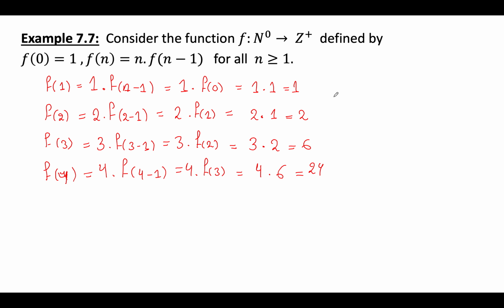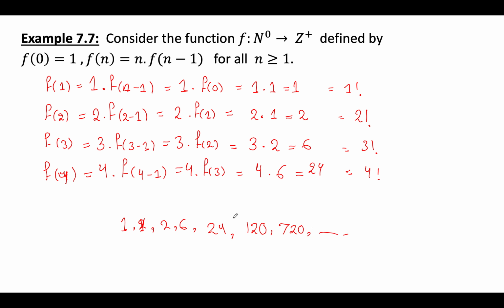Now if we notice here, this is equal to 1 factorial, this is equal to 2 factorial, here we have 3 factorial, and here 4 factorial. If we continue, we can see that this is the factorial sequence: 1, 1, 2, 6, 24, 120, 720, and so on.